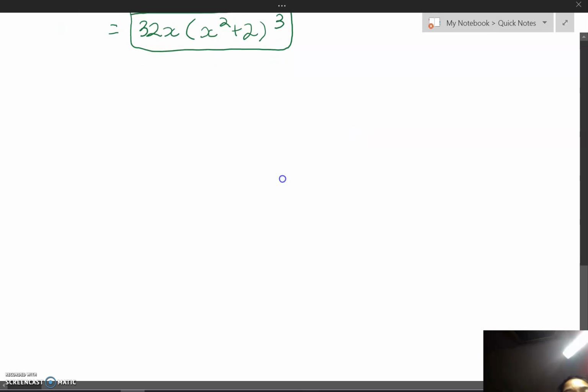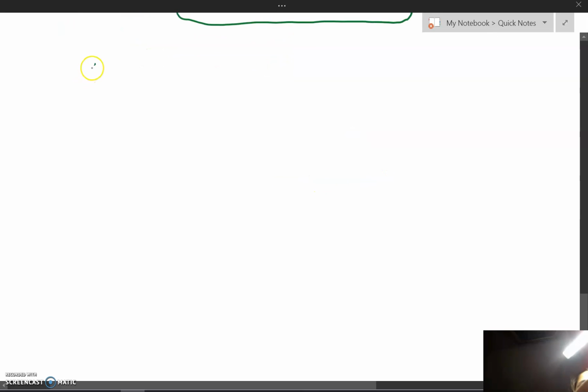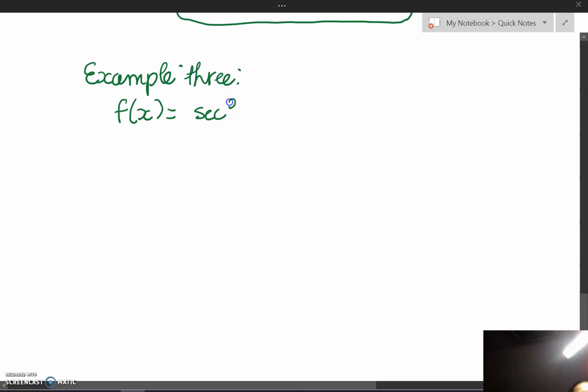So, let me zoom in here. Example 3. So what if your function f of x is equal to secant squared of x?